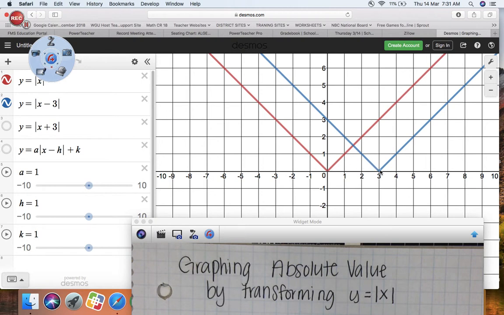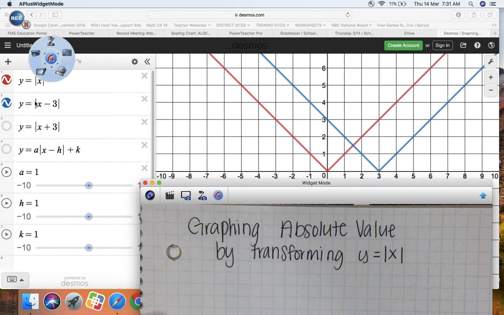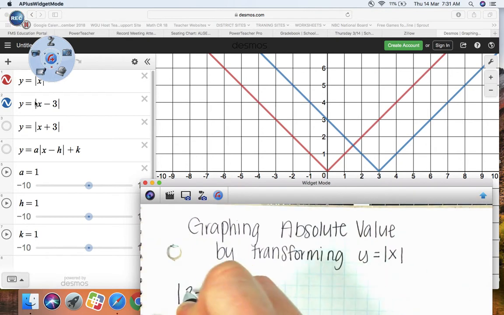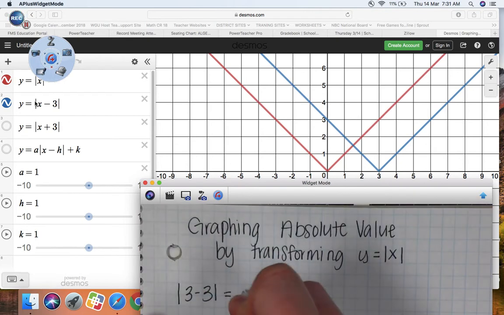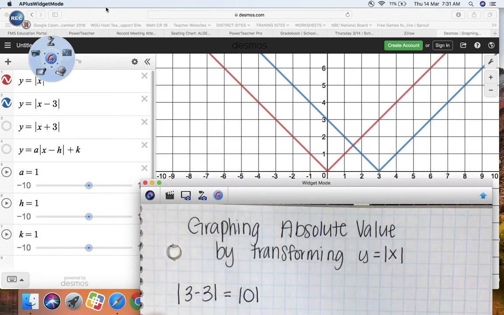units to the right. Well, if I used 3 as my number and I plugged 3 into that equation, it would be the absolute value of 3 minus 3. Well, 3 minus 3 is 0, and the absolute value of 0 is just 0. So that's why that one's graphed there.